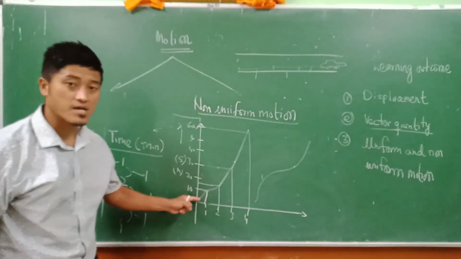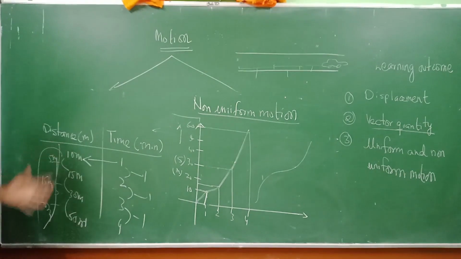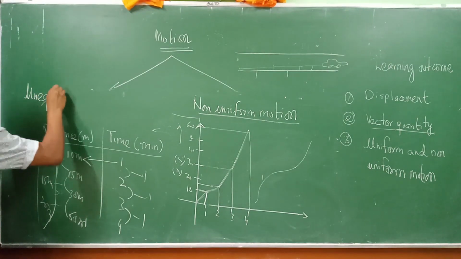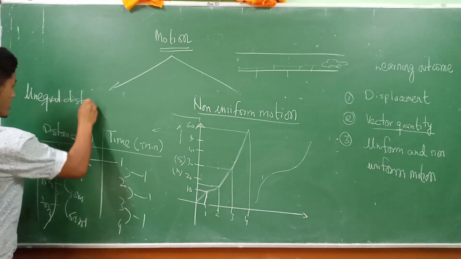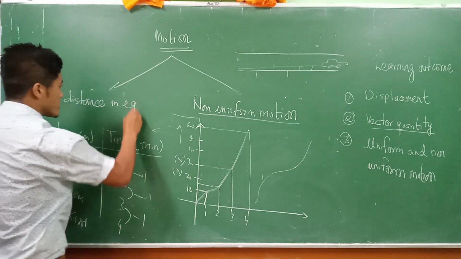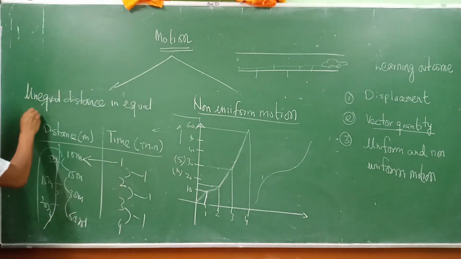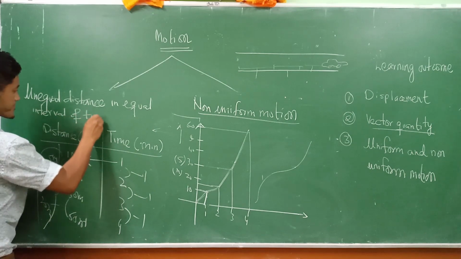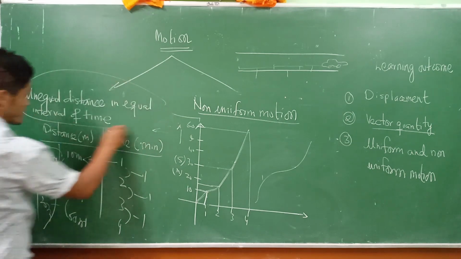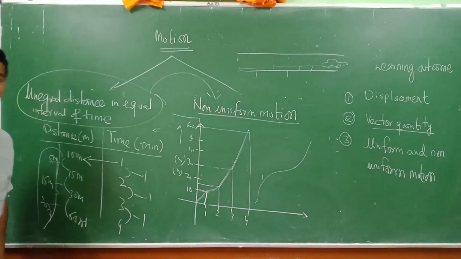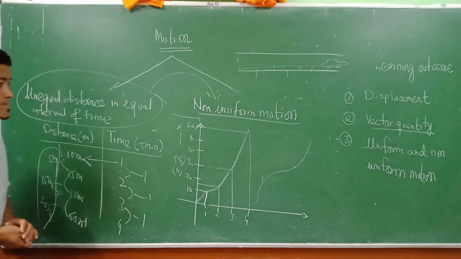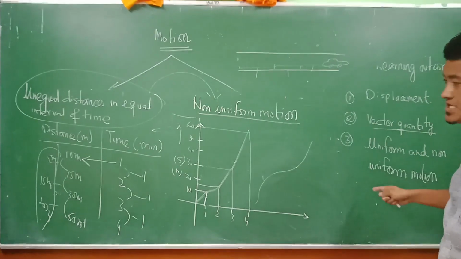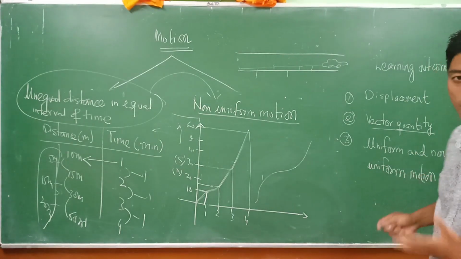This is the kind of graph where an object covers unequal distance in equal interval of time. This is what we call non-uniform motion. So, I hope you have understood displacement, vector quantity, uniform motion, and non-uniform motion.